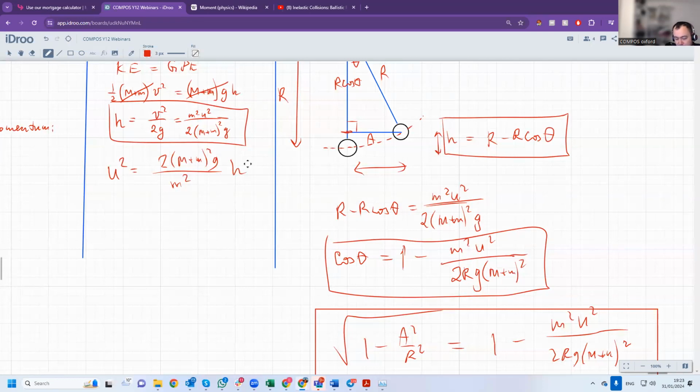So divided by 100, multiplied by 2, open bracket, mass, which is 0.4.